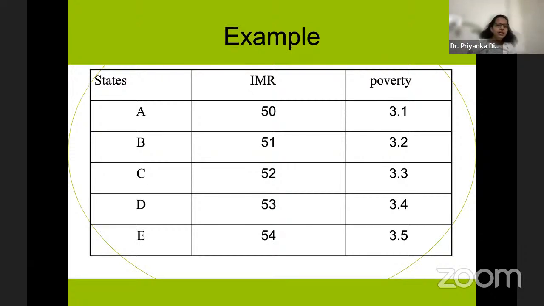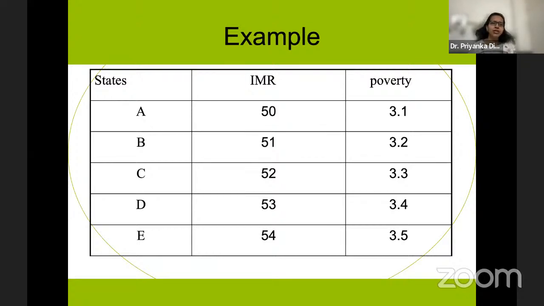So, just remember that in linear regression, your outcome variable should be linear in nature. It's very simple. It can be anything, like the number of times you have visited a temple, or how many children you have, 1, 2, 3, 4.